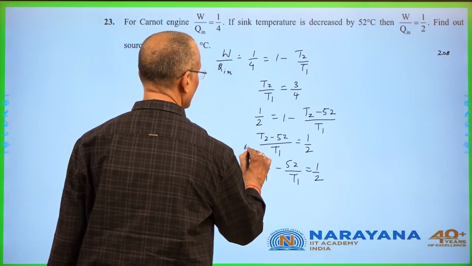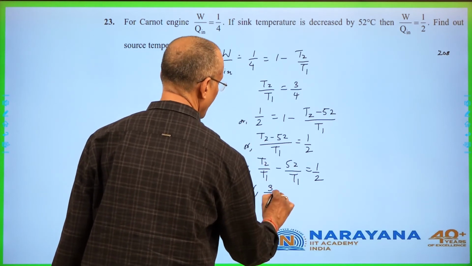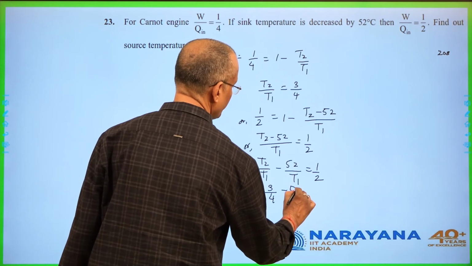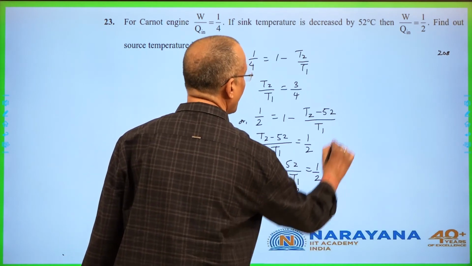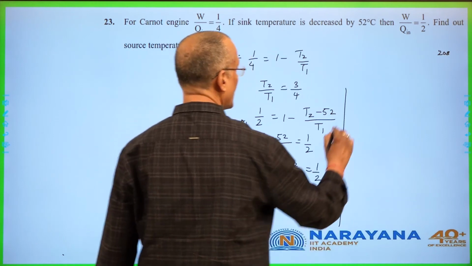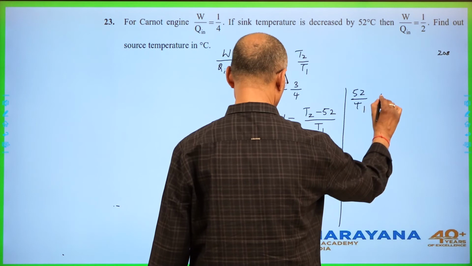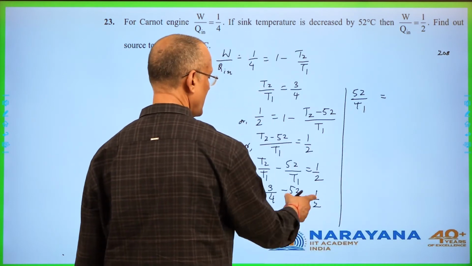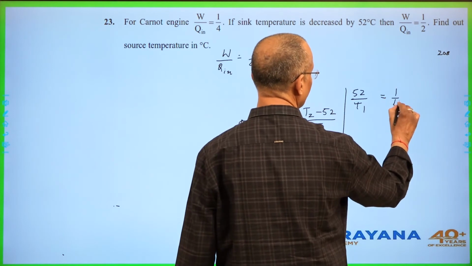So you are taking 3 by 4 minus 52 by T1 is half. So I am getting 52 by T1 as 3 by 4 minus half, that is 1 by 4.